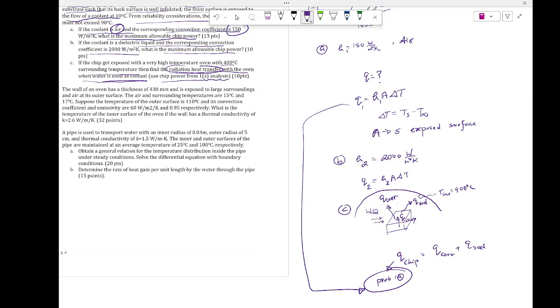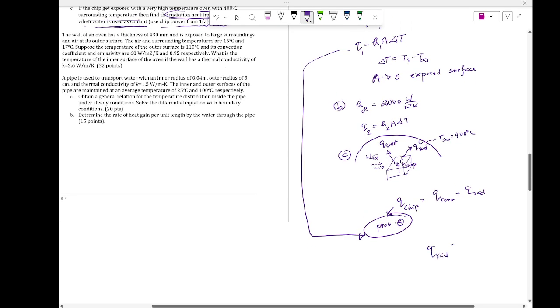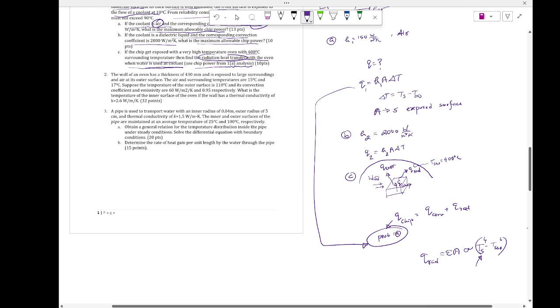They didn't give you the emissivity value. Did they give the emissivity value? Some of you may be misled and try to solve the radiation using this equation here. If you try to do that, you will face several problems. The first problem is that the value is not known.